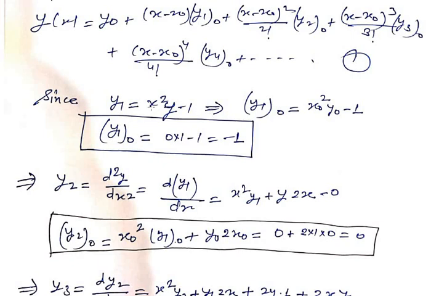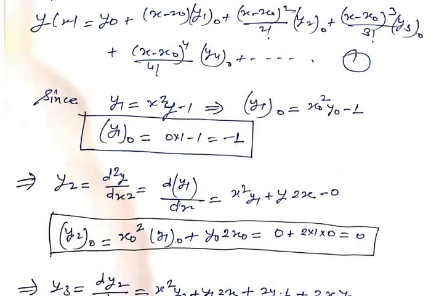So this equation becomes x0 square y0 minus 1. Now x0 and y0 values are given, x0 is 0 and y0 is 1. So 0 into 1 minus 1, it is minus 1. So y1 at 0 we are getting as minus 1. So one non-zero derivative value we found.